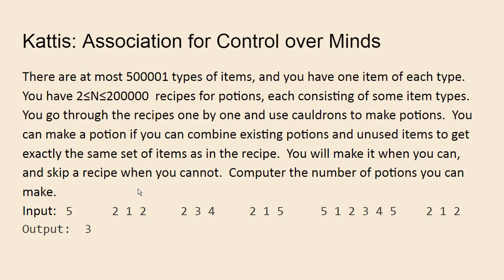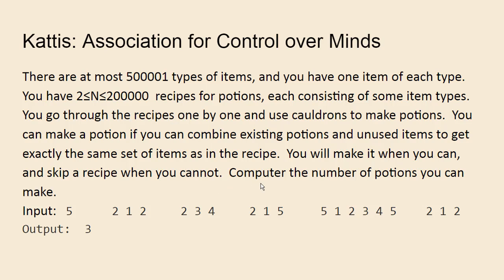Obviously, given that recipe, we can make it. We just mix items 1 and 2 together. The second recipe also has 2 items, 3 and 4. We can make that as well, using a separate cauldron to make this second potion with 3 and 4. So now we have 2 potions, one with 1 and 2, the other with 3 and 4.